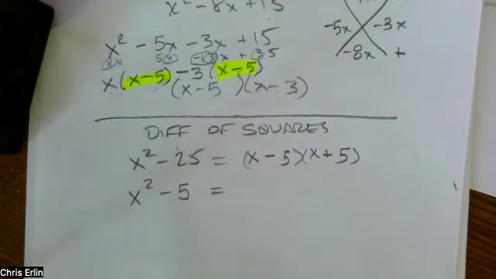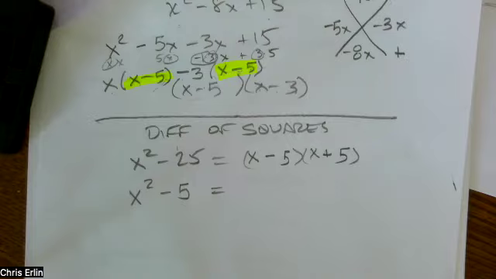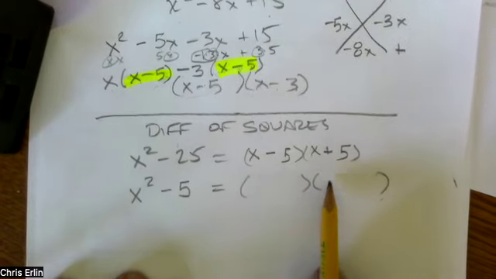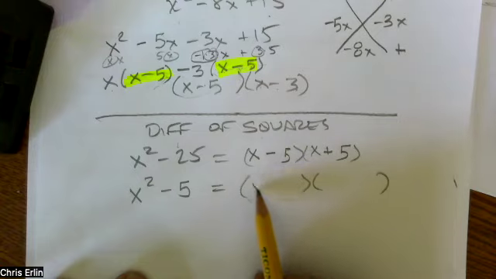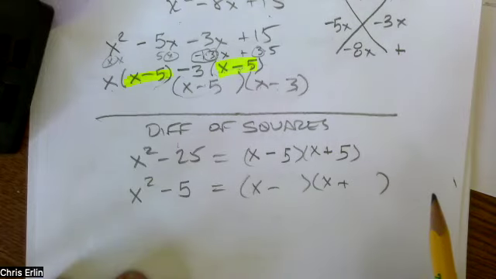Can I apply the difference of squares concept to factor x squared minus 5? We're tempted to say no because 5 is not a perfect square. But let's pretend it is. What would go in the first slots here? Good, x and x. And for signs, we'd say minus and plus.